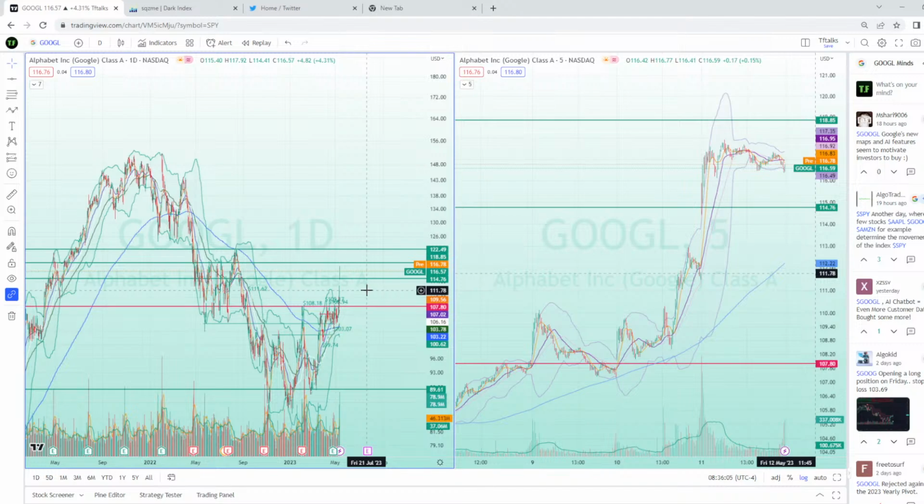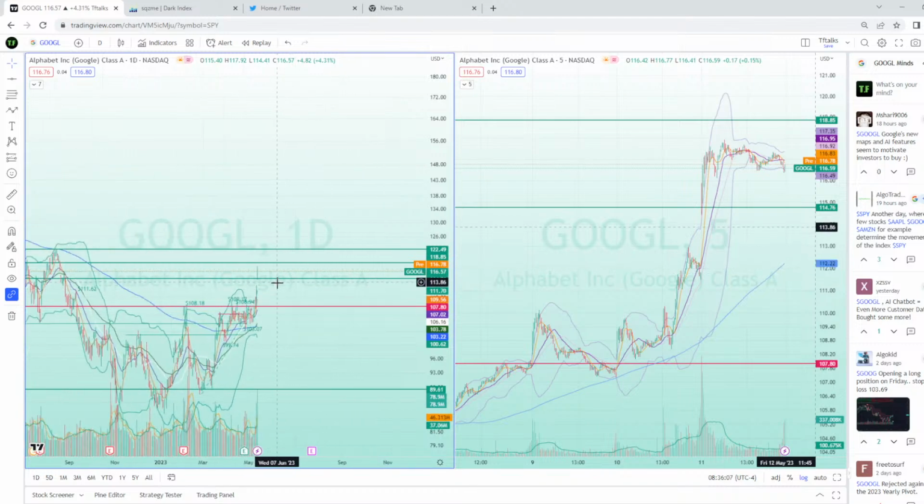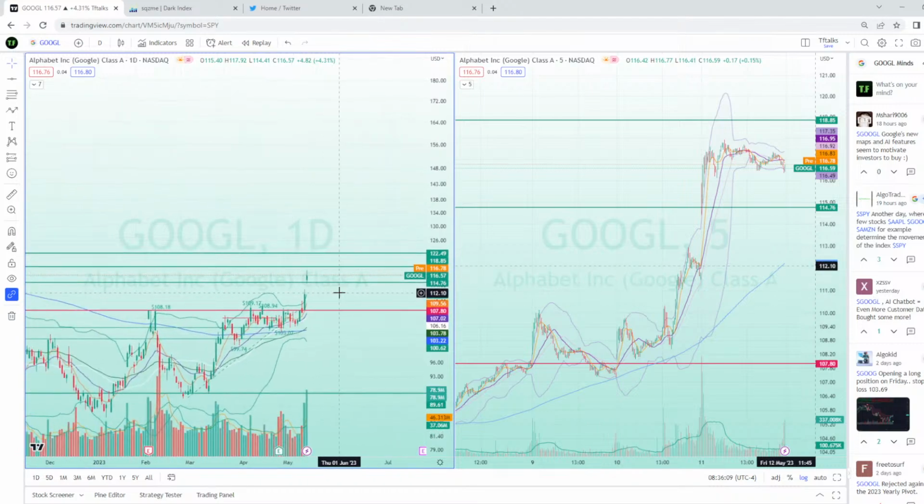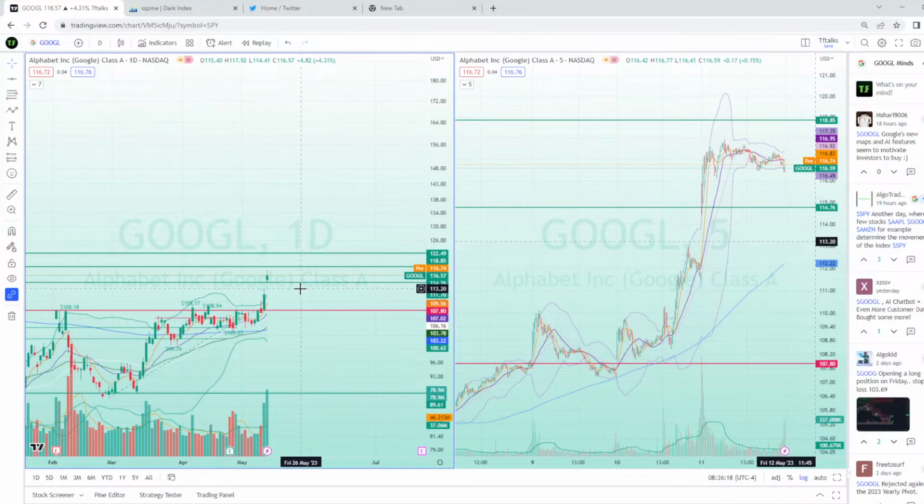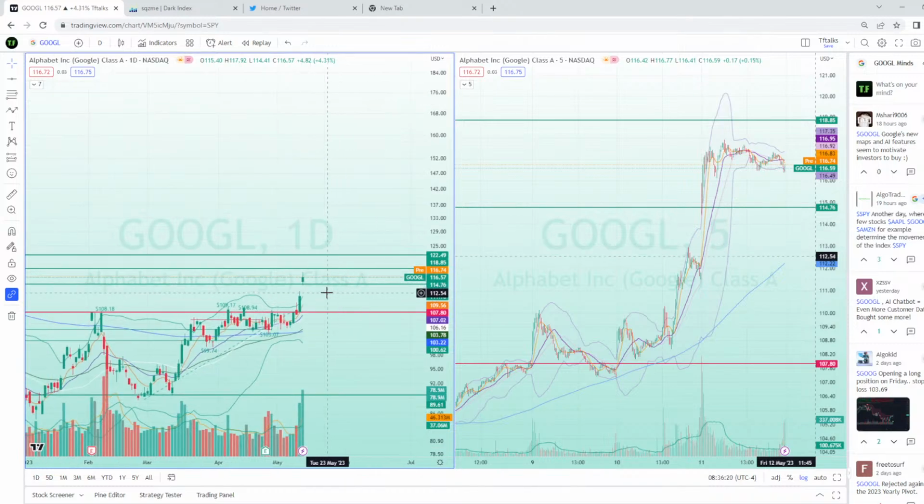For the second half year, I believe Tesla, Google, and Amazon will be pretty good, especially Google. But don't chase at this level until it gives a pullback, at least to the 110 level. I'll just add it to the watch list, but I'm not gonna chase this.